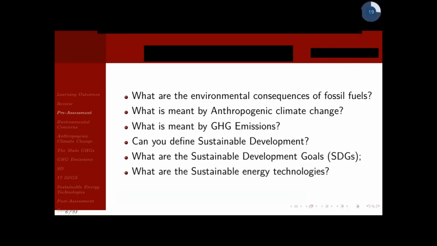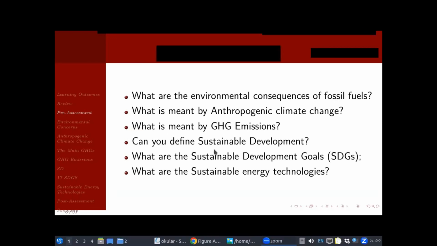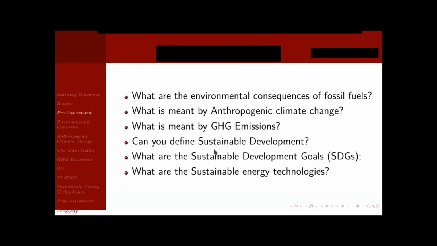Then sustainable energy technologies. What is meant by sustainable energy technologies? Who wants to share any idea about sustainable energy technologies? Yes, Mubashir. Sir, sustainable energy technologies will refer to those technologies which will satisfy the sustainable development goals. Any of the 17 goals. Okay.